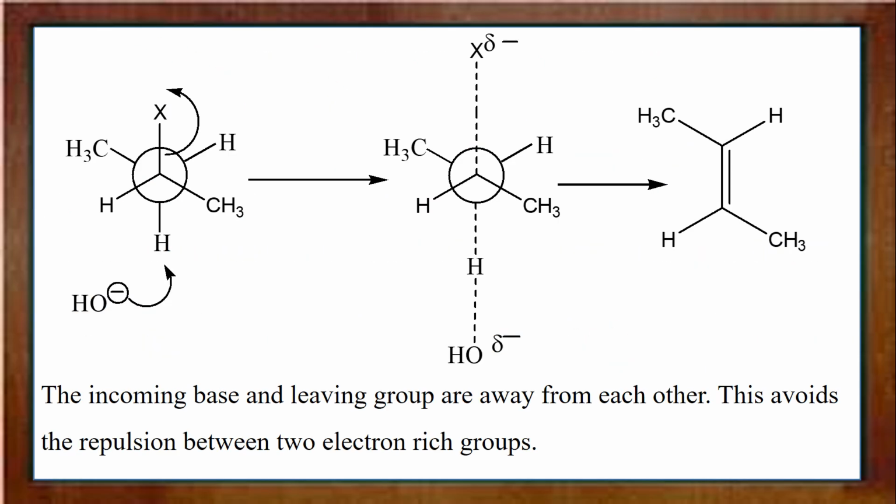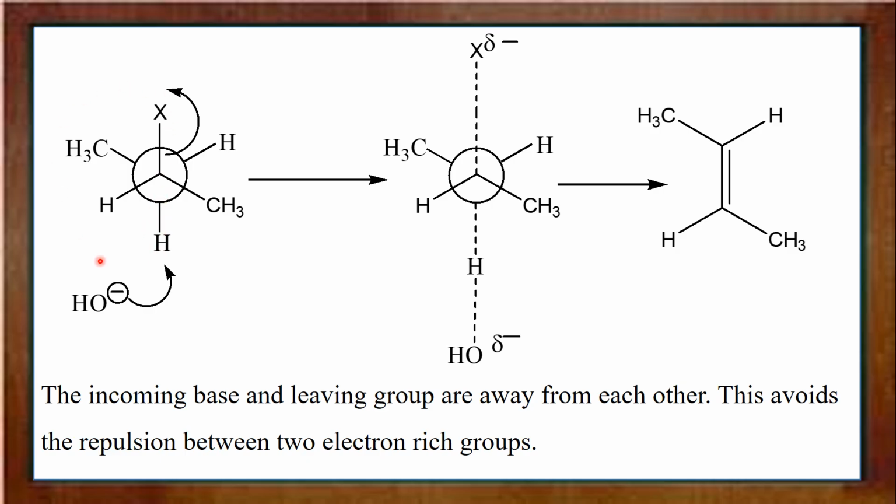This is the staggered conformation of an alkyl halide. Here halogen X is connected to the alpha carbon, and this is the hydrogen connected to the beta carbon.